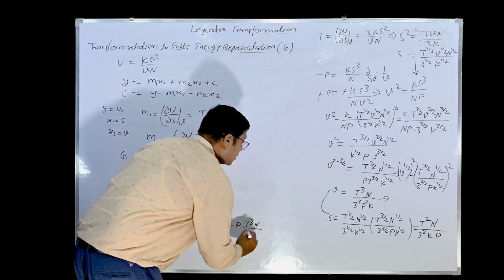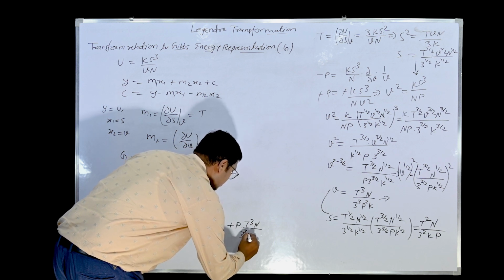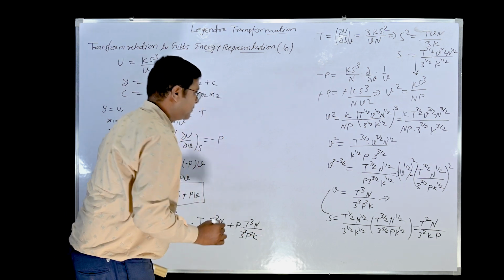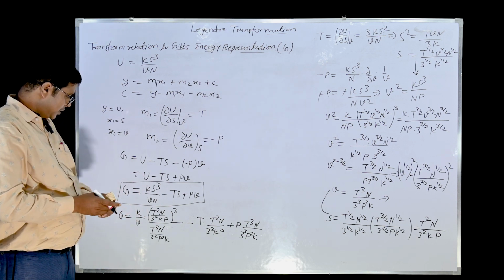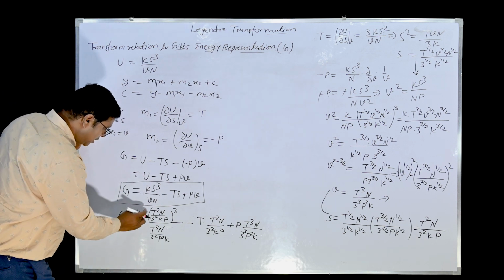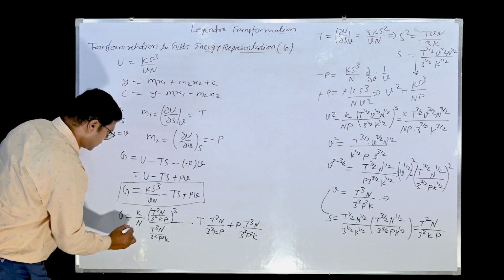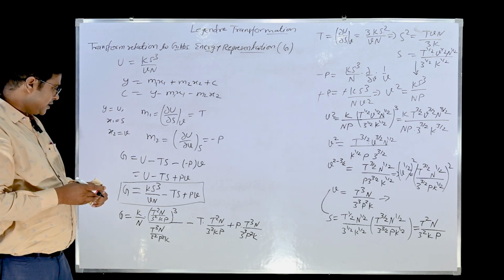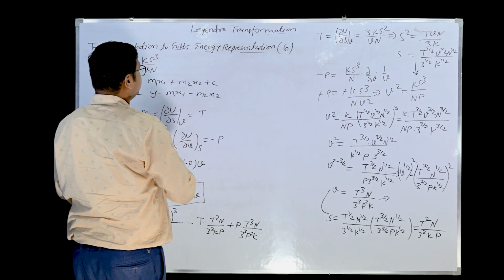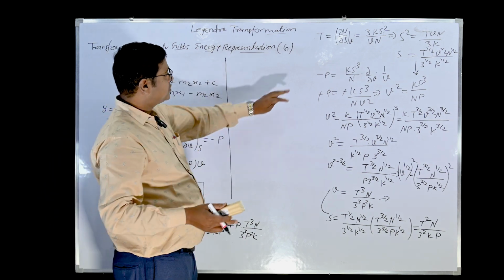T cube N upon 3 cube P square K. So this is the relation, sorry, here that N will become in place of V. So this is the relation. By solving this, we will get another relation. We will come to our final. I hope this part is over.